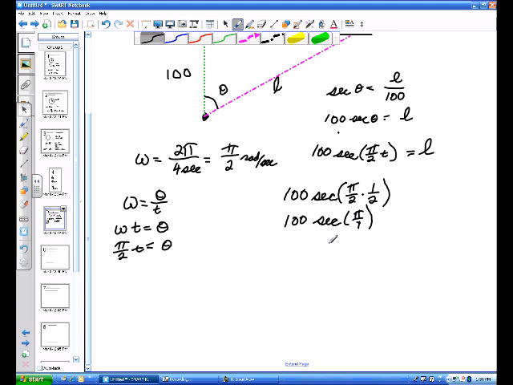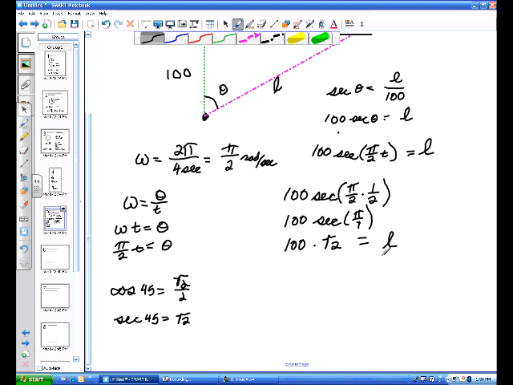Oh, pi over 4 is the same as 45. That's our reference angle. The cosine of 45, or pi over 4, is square root of 2 over 2. So the reciprocal then, the secant of 45, we got that by rationalizing 1 over the square root of 2, would simply be the square root of 2. So 100 times the square root of 2 would be our length.